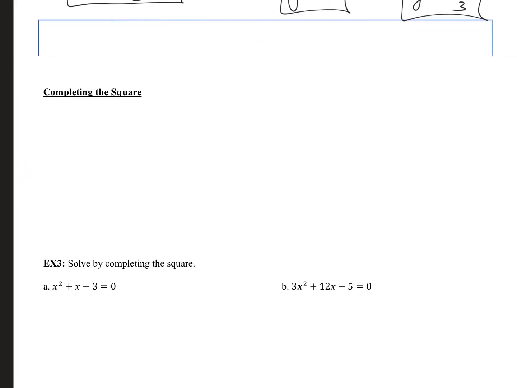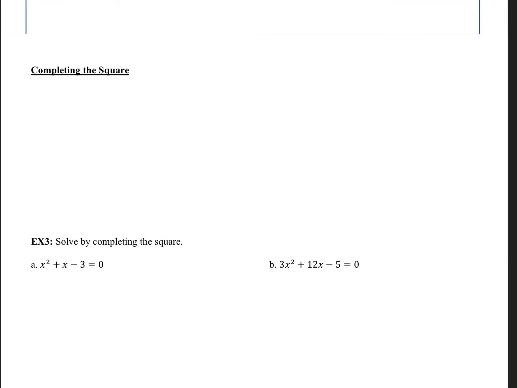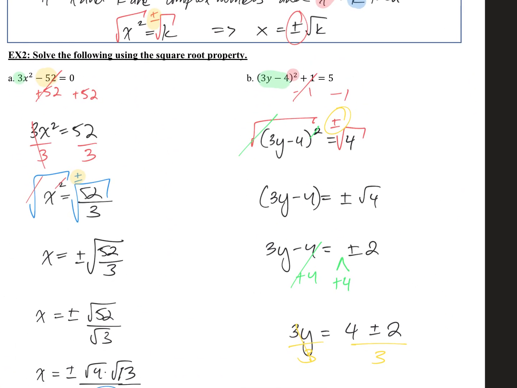Okay, let's take a look at completing the square. That box is kind of off. Okay, so what are the rules for completing the square? Well, basically it comes from wanting to get our equations to look like this form right here. Like this one, which was 3y minus 4 squared equals a number.